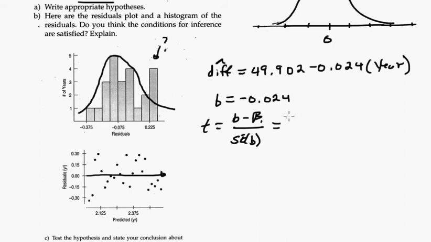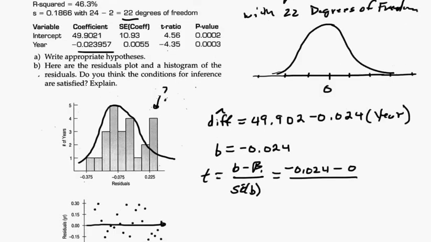So we get b, negative 0.024 minus 0, right? Divided by the standard error. So here's the standard error for the slope. So it's 0.0055.